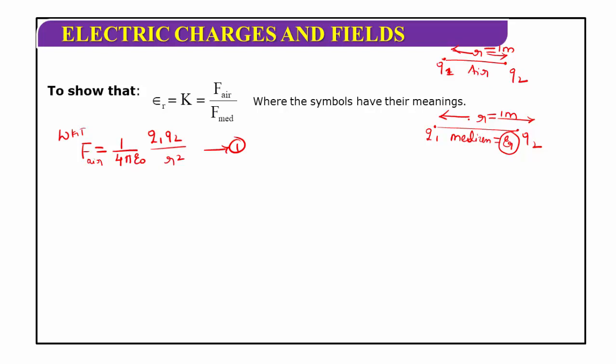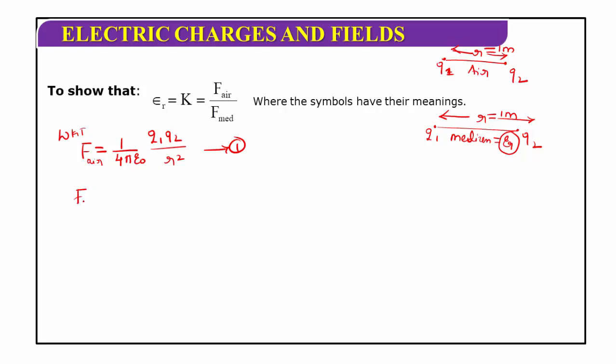This is called permittivity of free space or relative permittivity. Epsilon naught means permittivity of free space. Epsilon r means relative permittivity. Now I consider the electric force between the same charges kept at the same distance in a medium of dielectric constant epsilon r.